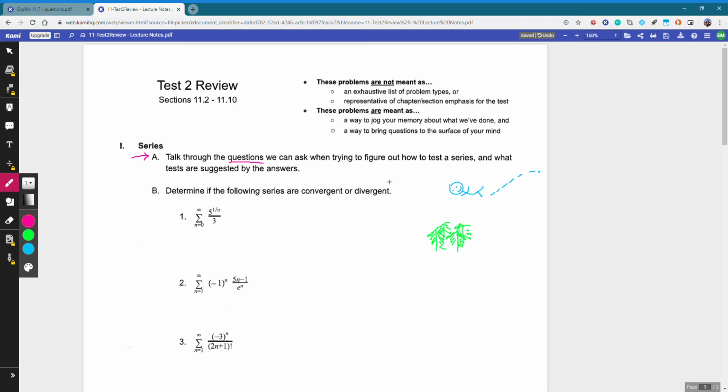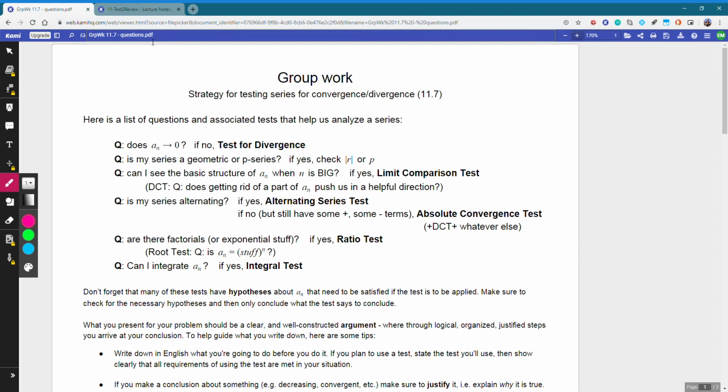We did this with our group work with section 11.7. So if you have that, take a second and grab that group work. It's up near the top, the questions. Even if you don't have it, I have it up here, and so let's switch over there.